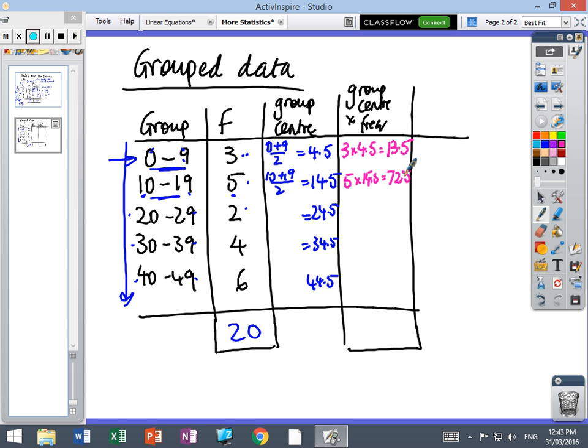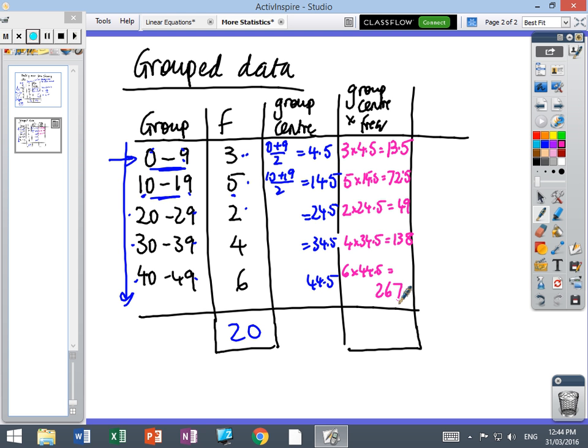That's 72.5. 2 times 24.5 equals 49. Then 4 times 34.5 equals 138, and the last one is 6 times 44.5, which is 267.